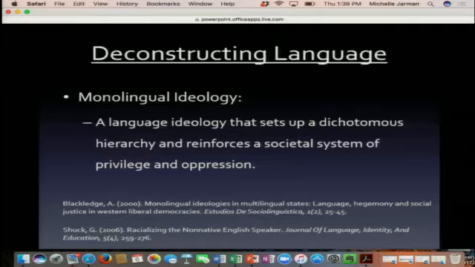So this dichotomous hierarchy is similar to the racialized system in the United States, which establishes a racial dichotomy, setting up whiteness as a neutral or unmarked entity, as opposed to the other, which would be the marked entity.